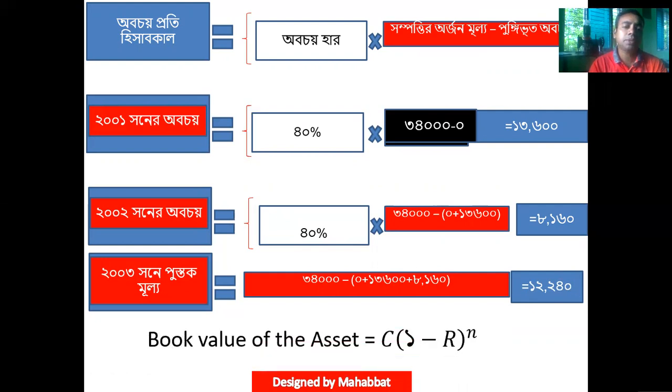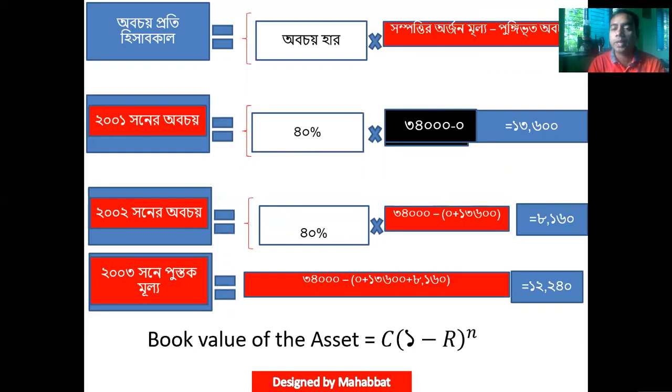Dear participant, so the respective formula is C within the bracket 1 minus R to the power n. When this step is so long, then how will you accomplish the task? Then it will be very difficult for you to calculate, and it will be a time-killing process.